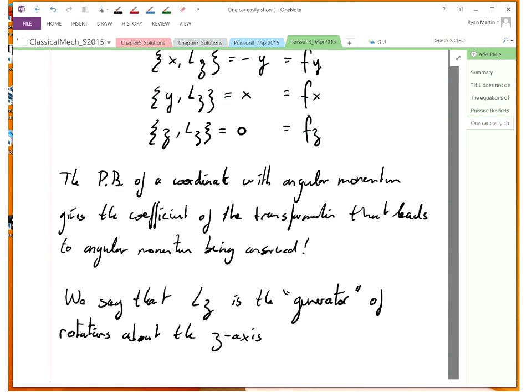The same thing happens if you take the momentum components, px, py, and pz, with LZ, and you'll find that you also get how momentum transforms under rotation, and it transforms the same way as x, y, and z. So you get the same coefficient. There really is a deep connection between the transformation that leads to a conserved quantity and the Poisson bracket of the coordinates with that quantity.